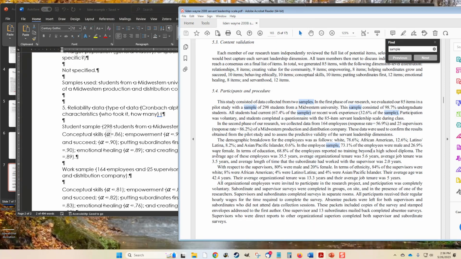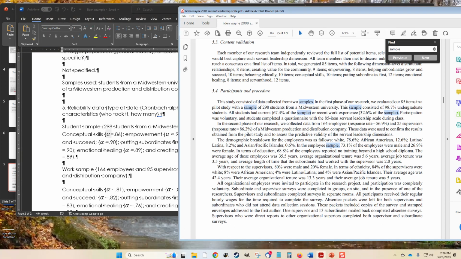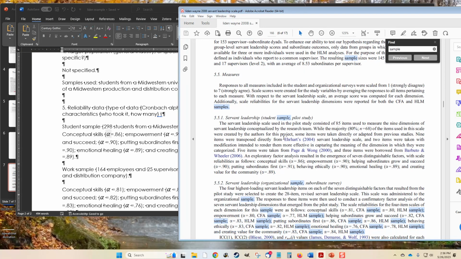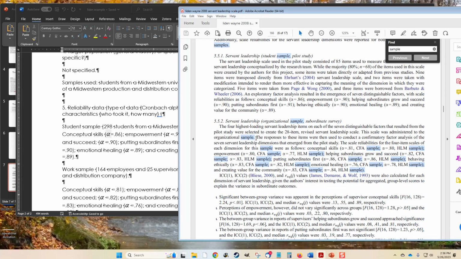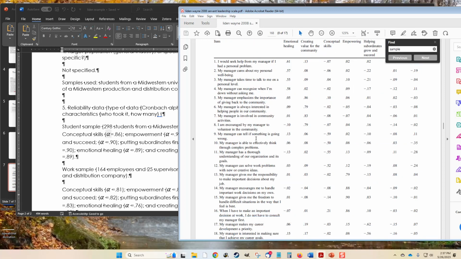Reliability. Now this is the really big part. This is the title of the assignment, and so what I want you to do is find the reliability data, and so that'll be in results most likely, or in measures. Let's see where it is, results.